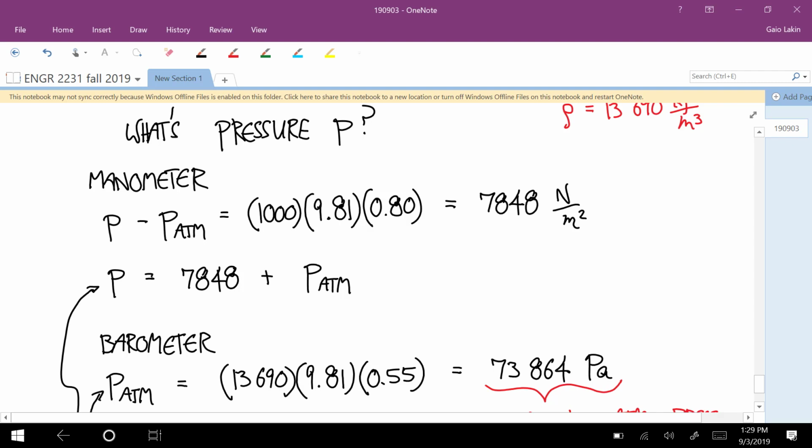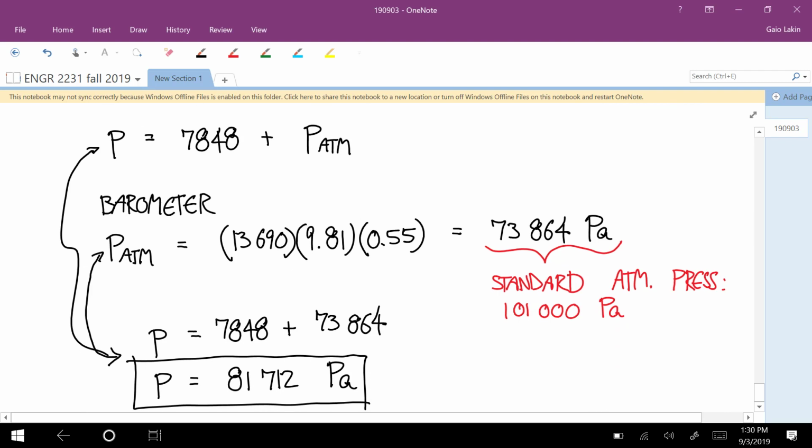So before we can figure out that pressure, we have to use the barometer to calculate the atmospheric pressure, and plug that in here, and that'll give us the pressure inside the bulb enclosure. It just seemed like there were two different applications, two different liquids. That's right.